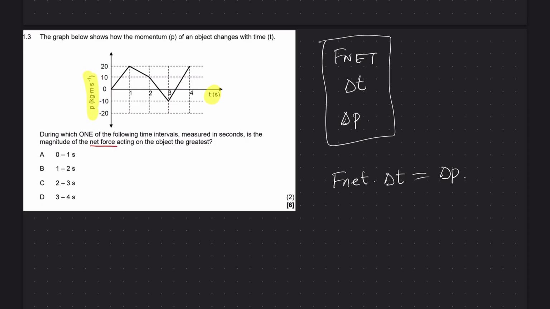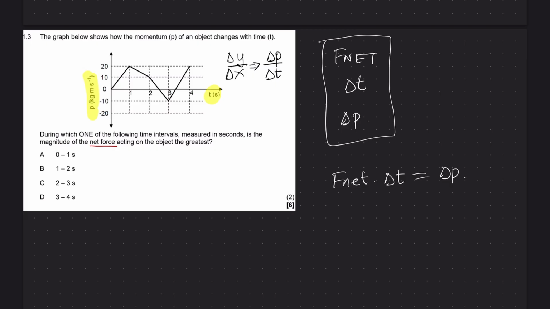Now, we know that with straight line graphs, we often calculate gradient. So in this case, if you had to work out the gradient of this graph, it would be y over x, or the change in y over the change in x. On our y-axis, we have momentum, so delta p, divided by, on our x-axis, delta t.